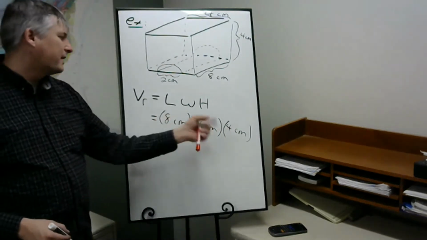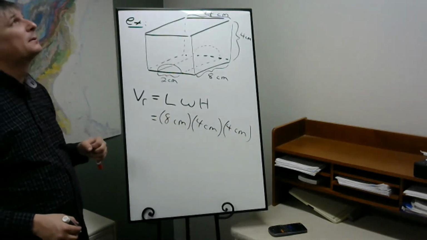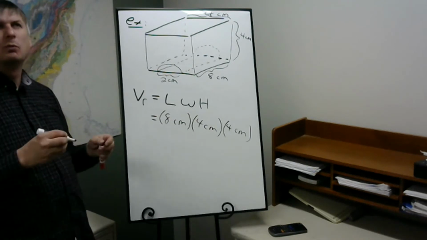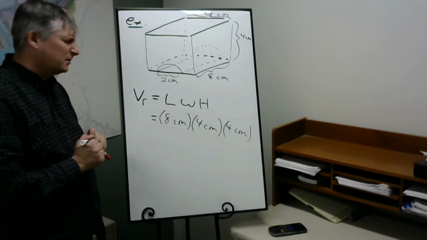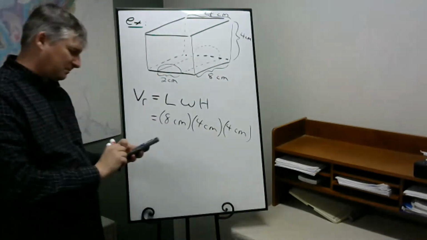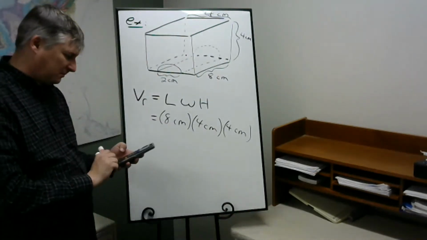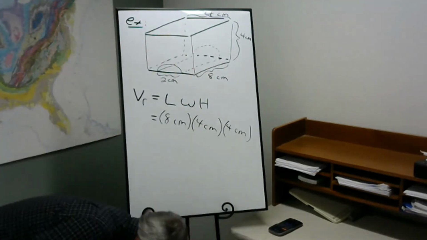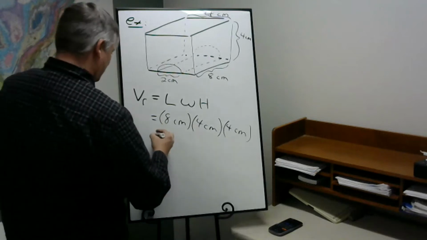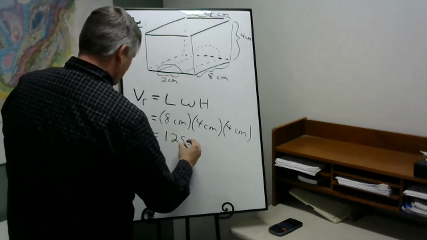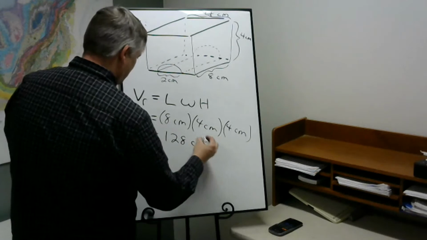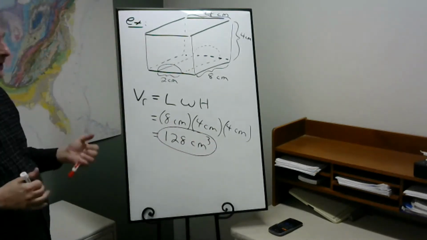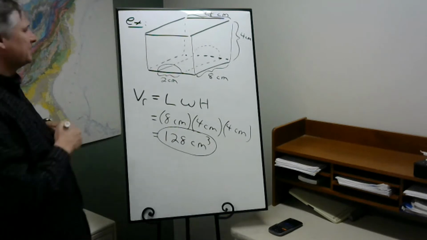So 8 times 4 times 4 is 128, I think. Yes, 128. So that's the volume of our rectangular solid. It's 128. So I'm going to put this off to the side.